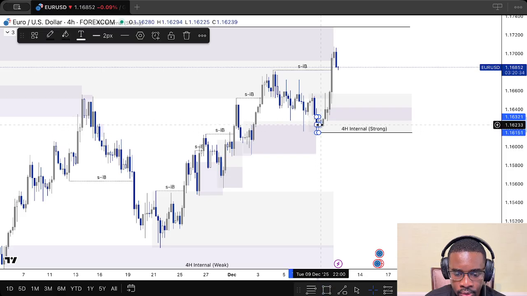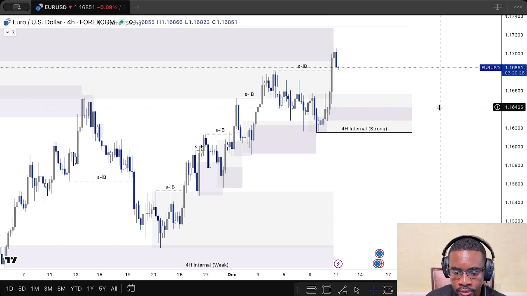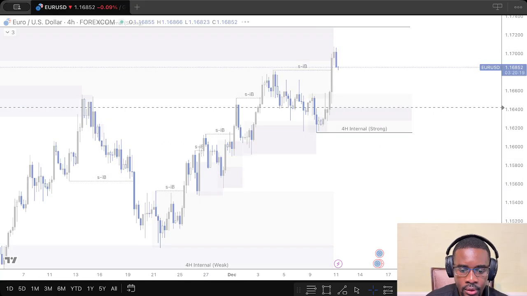So this would be our extreme, then price could push up to there. This is our only POI that has not been mitigated. So probably set my alert on that one, and then go on the 1 hour.